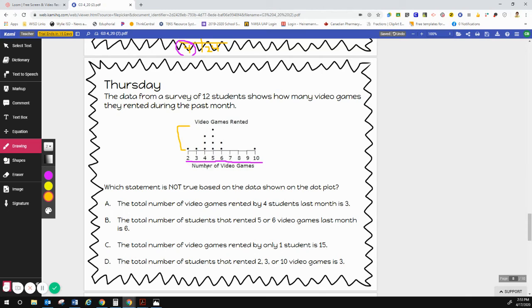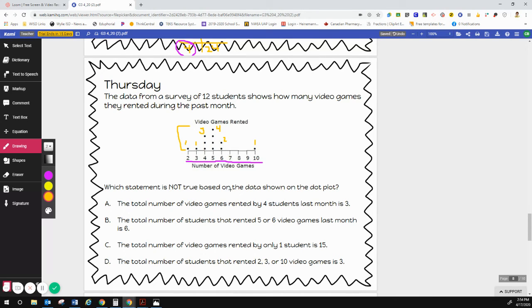How many students rented 2 video games? We have 1. We've got 1 that rented 3. We've got 3 that rented 4 video games for the month. We have 4 that rented 5 video games. We have 2 that rented 6 video games this month. And then we've got 1 that rented 10 video games.